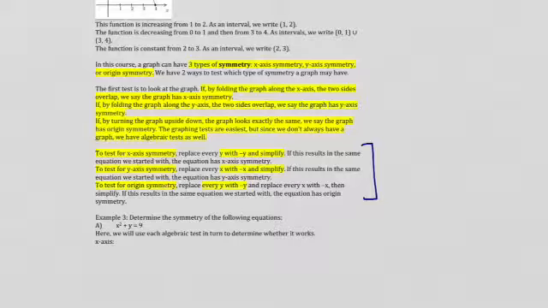You replace this time x by minus x, and if you have the same thing, that means y is the axis of symmetry. And the last one, if you want to test if the origin is a symmetry, you replace y by minus y and x by minus x, and then you simplify. If you have the same thing as at the beginning, that means the origin is a symmetry.